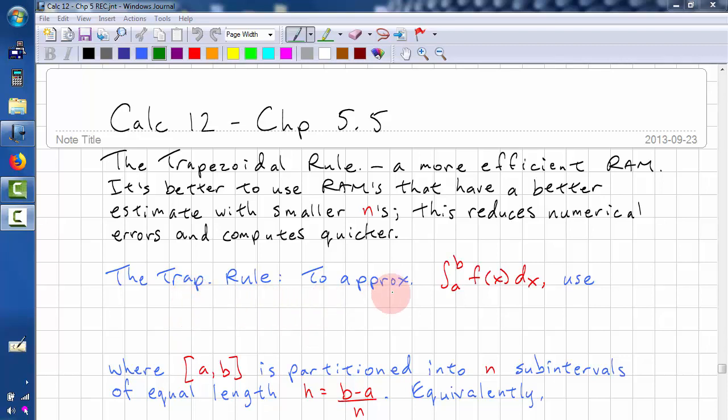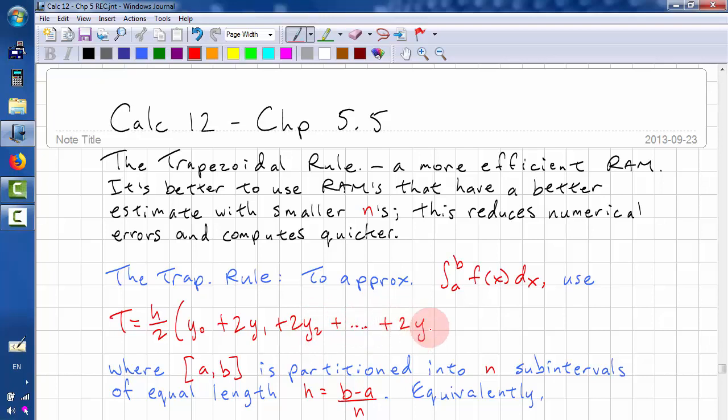The trapezoidal rule, to approximate the definite integral, we use T equals h over 2 times the first value plus twice the second value plus twice the third value, and so on, plus twice the second last value, plus just the last value.